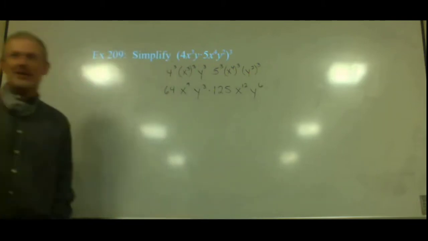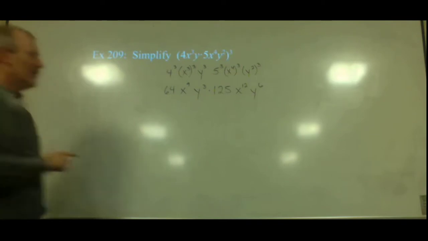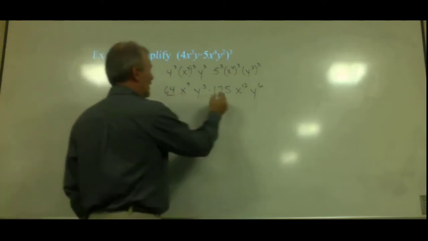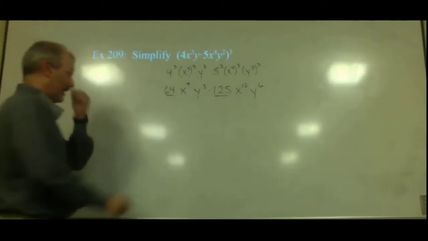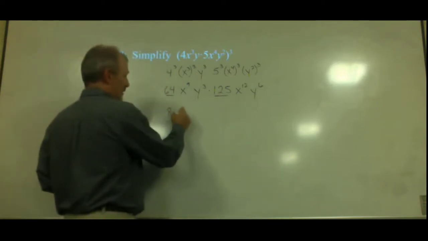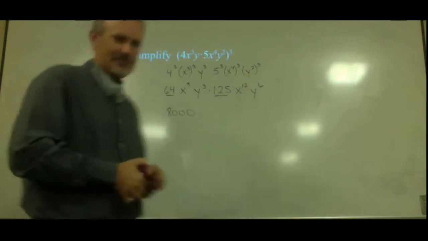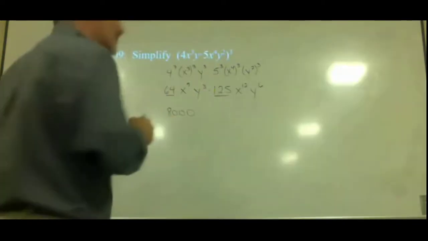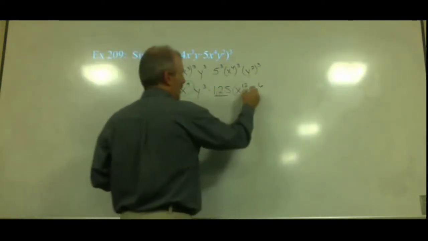Okay, now we're not done simplifying yet because, first of all, we've got 2 different numbers. So with your calculator, if you'd help me out, what is 64 times 125? 8,000. Now, notice we have two x's, x to the 9th and x to the 12th.